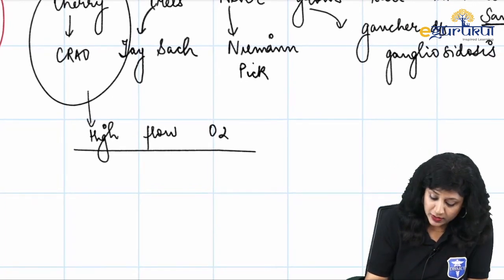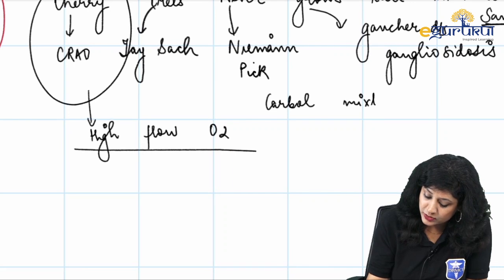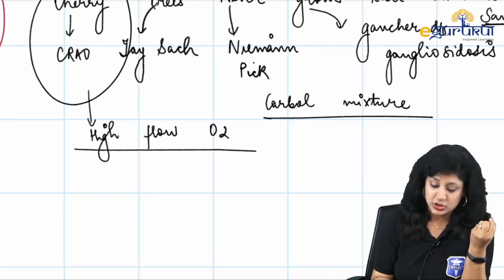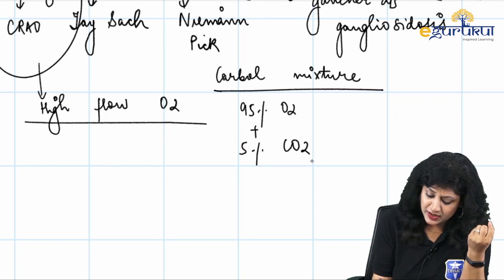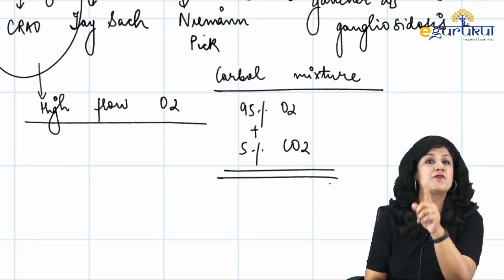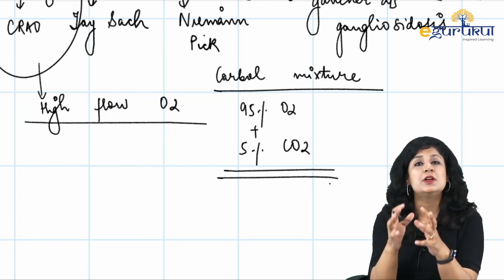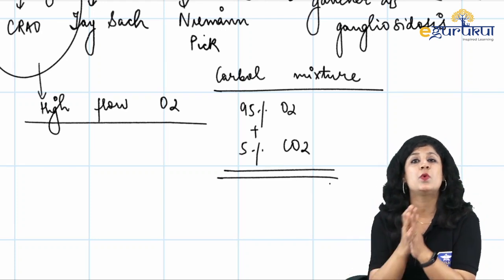This is called the carbogen mixture, high flow oxygen or the carbogen mixture, in order to cause vasodilatation. So this will be 95% oxygen along with 5% CO2. Again an important question, why do I want to give 5% CO2? I want to give this 5% CO2 in order to maintain the respiratory drive. Otherwise the respiratory center will go into depression.